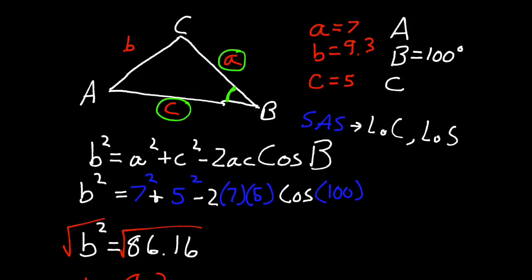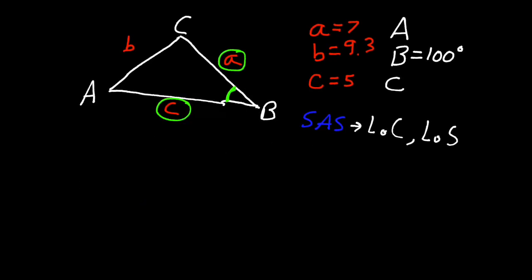Okay, so give me a moment to erase this, and we're going to go into the law of sines part. Alright, so the law of sines. Remember, the law of sines is all about relating the angle being divided by its opposite side to a different angle being divided by its opposite side.